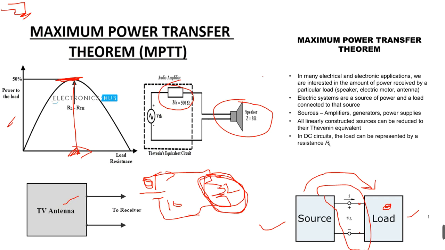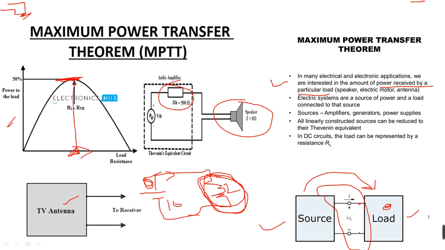Let us read this. In many electrical and electronic applications, we are interested in the amount of power received by a particular load. If the power received is less, then what can we do?